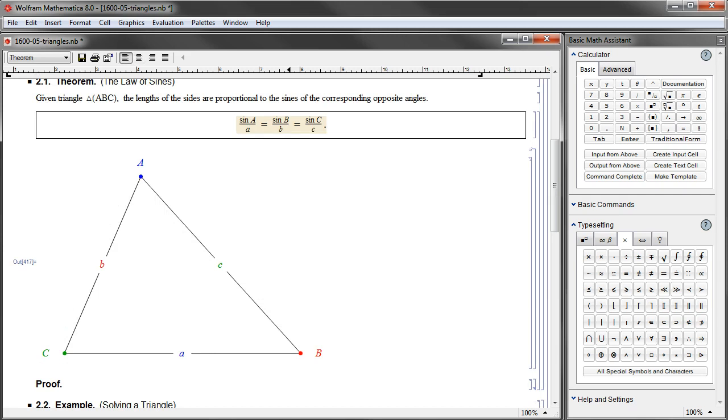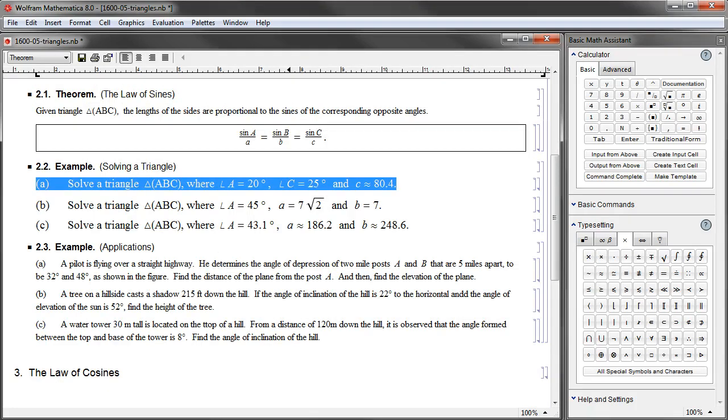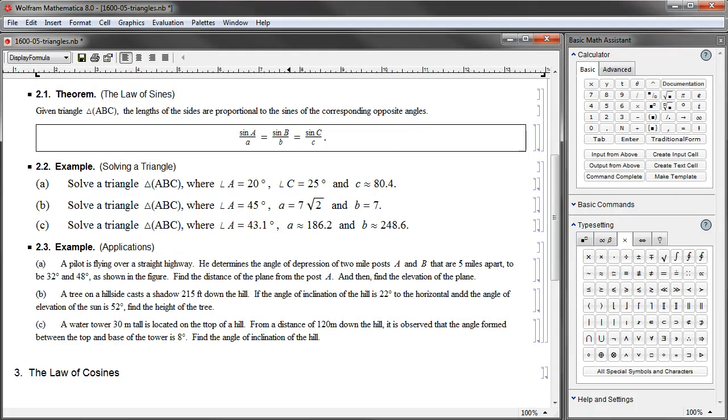And we can use that to create an equation or a number of equations to identify some unknown values from known values. The typical case is where we have all three angles and one side.